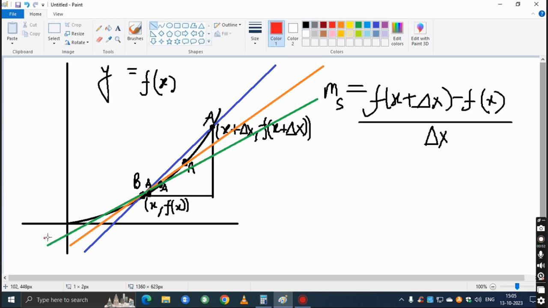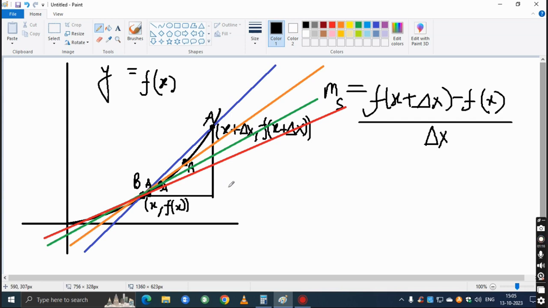The secant line eventually turns into a tangent at this point. It's kind of like a tangent to both B and A, but in reality it's not. But I've brought it so close to B.